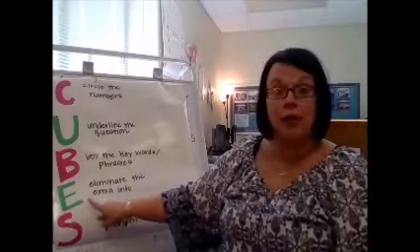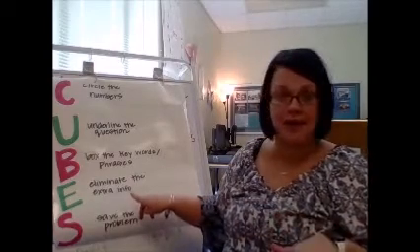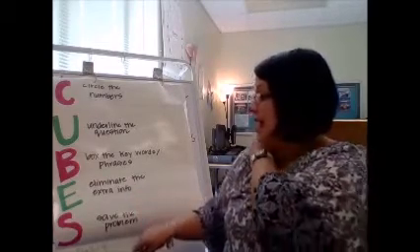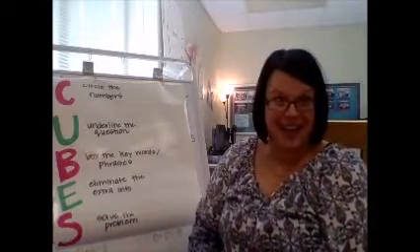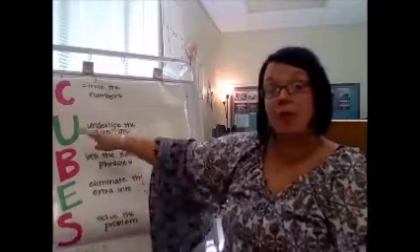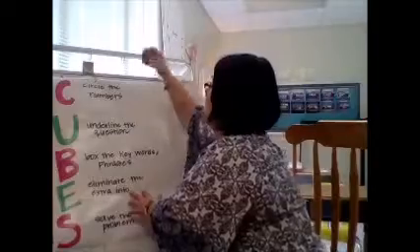The E stands for eliminate extra information, or get rid of anything that you don't need in this problem. And the S stands for show your work and solve. So we're going to be using cubes today, so make sure that's in your brain.